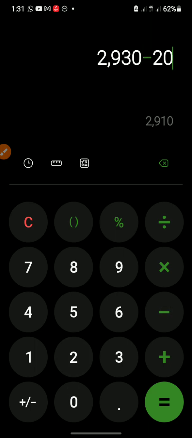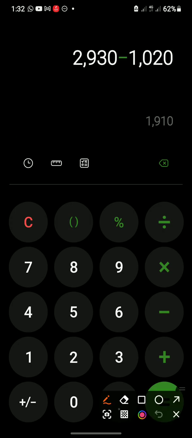You still have 1,000 pie, and $1,910 in just a few weeks.